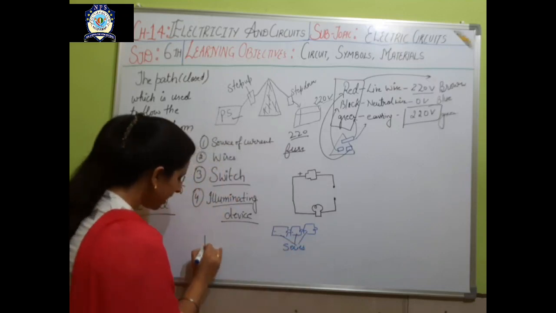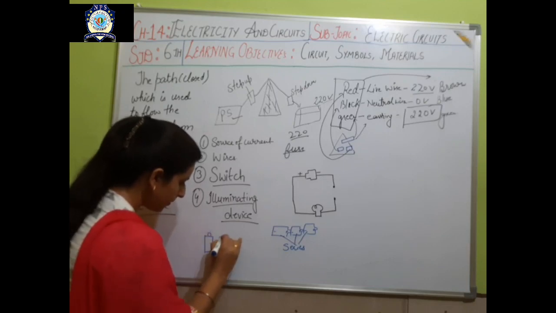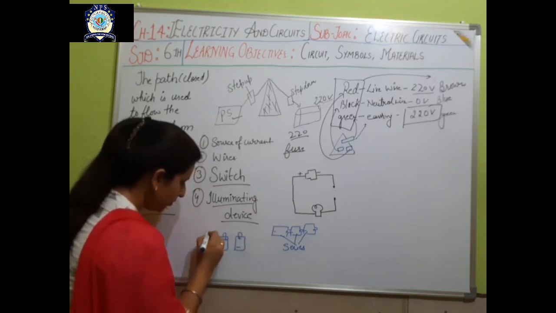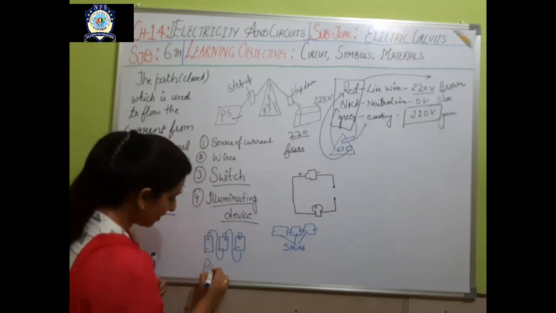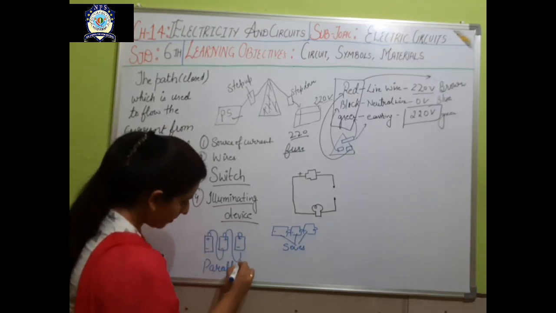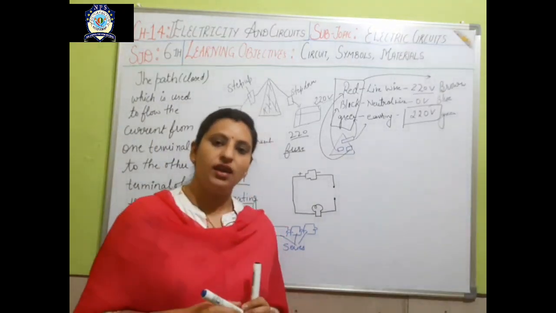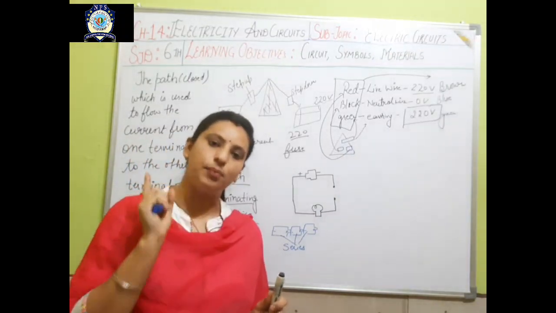But if the cells are connected to each other like this, positive of all the cells together and negative of all the cells together, then this is the parallel connection. And parallel connection is more convenient because in this connection only one switch is connected to one appliance.